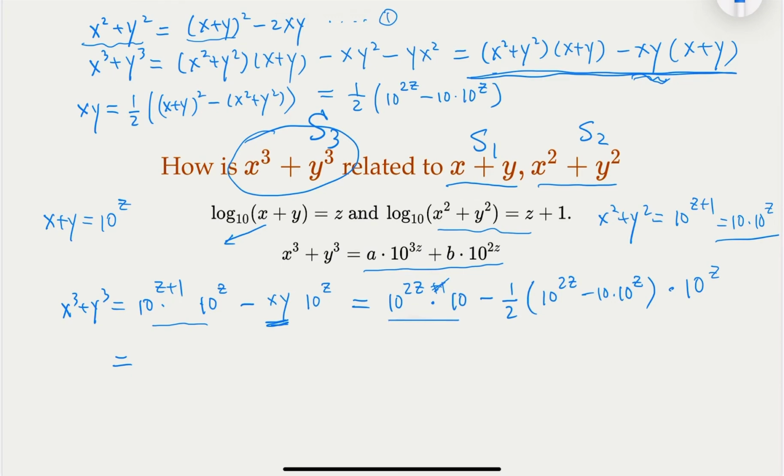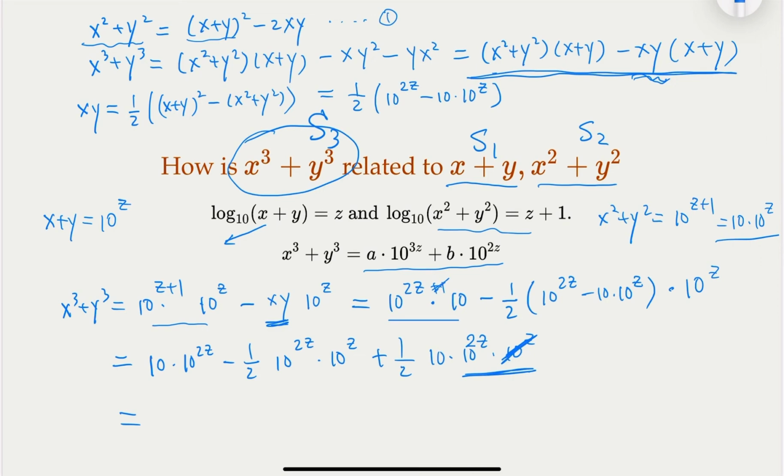So let's expand it out. 10 times 10 to the 2z, minus 1/2 of 10 to the 2z times 10 to the z, plus half of 10 times 10 to the z times 10 to the z. And then you notice that this part is actually 10 to the 2z, so you just cancel here, this is 2z.